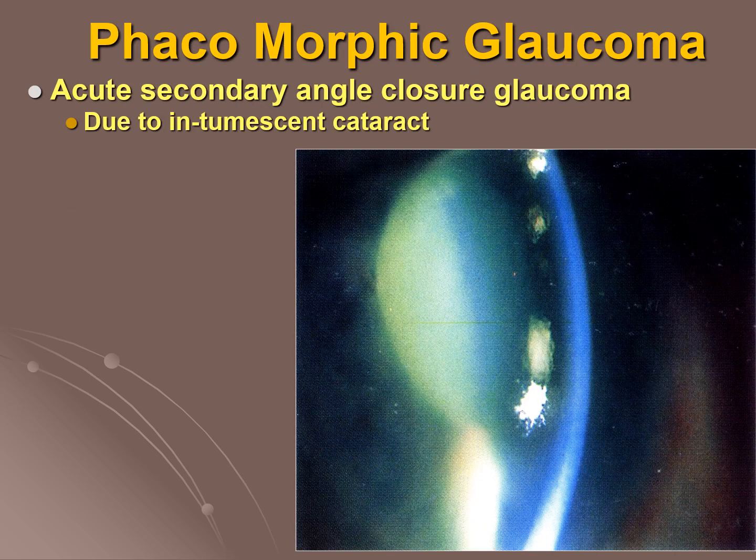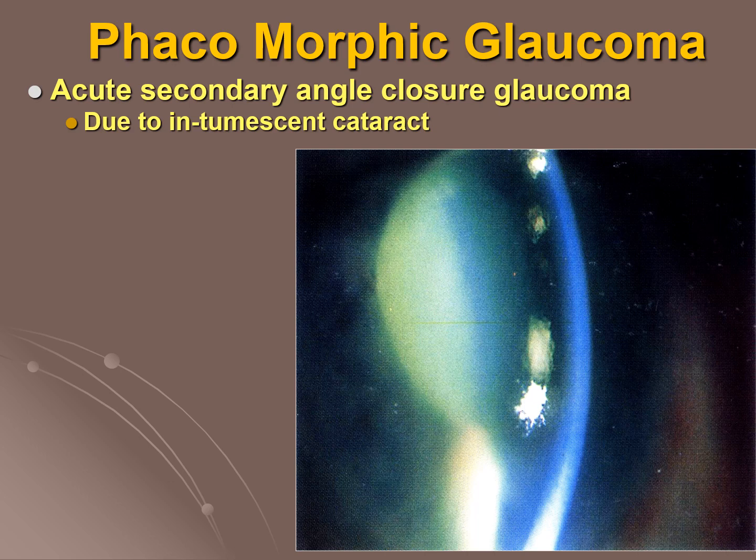Phacomorphic glaucoma is an acute secondary angle closure glaucoma due to intumescent cataract. The lens imbibes water and becomes bigger in size. So there is more iris-lens apposition, causing obstruction of aqueous outflow from the posterior chamber into the anterior chamber. So aqueous accumulates in the posterior chamber, pushing the iris forward and ultimately causing irido-corneal contact.